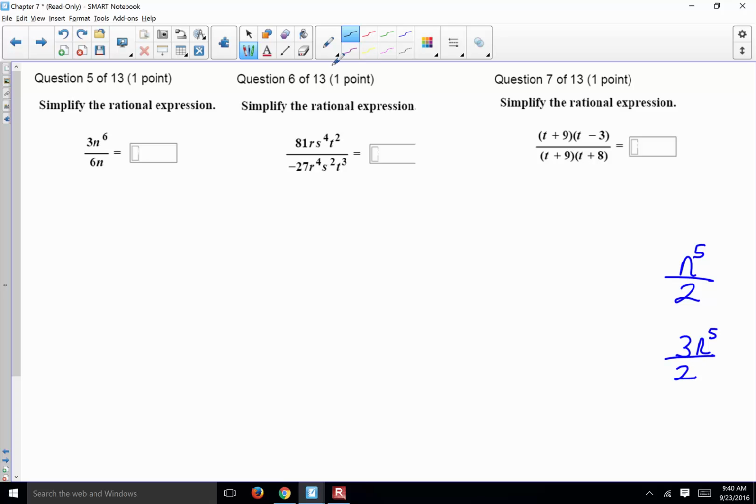I'll give you a star on your notebook. 1/2 n to the fifth. Alright, these two are the same. This has also 1/2 invisible. So it's not different, but I appreciate your response. Any different answers? No?